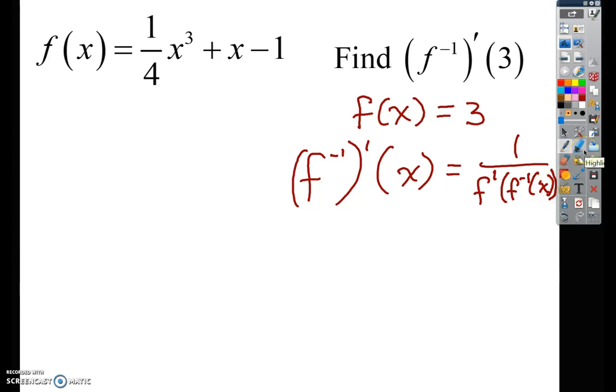Okay, so that's our formula. And so technically at this point we need to do all that work, but we also just discovered a minute ago that they're reciprocals.